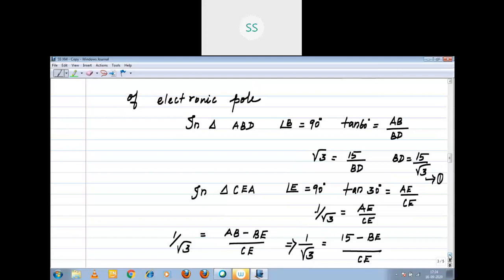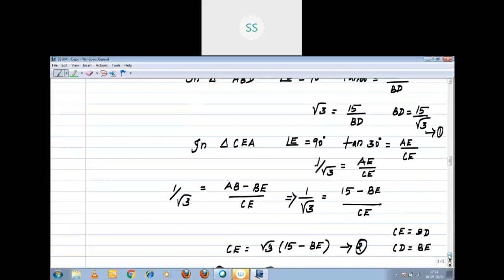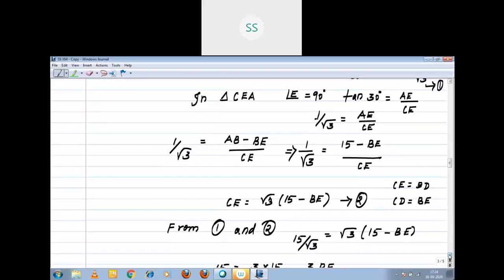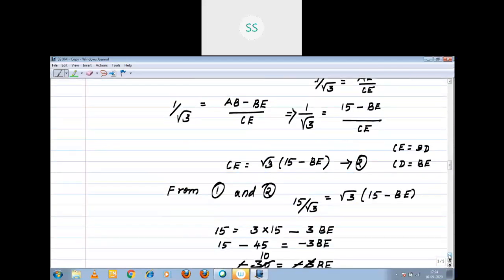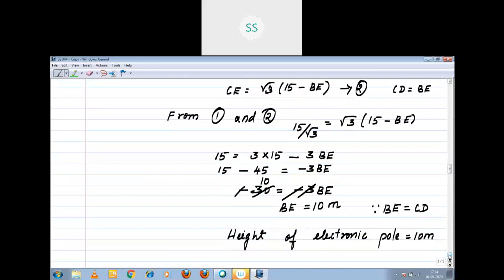In triangle CEA, angle E equal to 90-degree, tan 30-degree equal to AE by CE. 1 by root 3 equal to AE by CE. AE can be written as AB minus BE. So 15 minus BE by CE, you have to cross multiply.